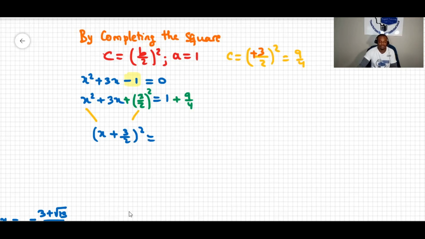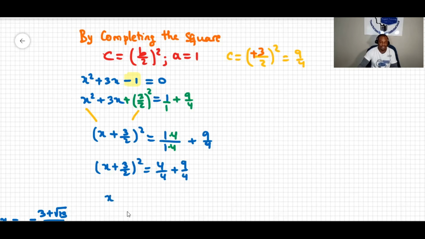Now 1 there is like 1 over 1. I need to write 1 with a denominator of 4. So I'm going to times here by 4, and times there by 4 also. And then we have x plus 3 over 2 to the power of 2 equal to 4 over 4 plus 9 over 4.